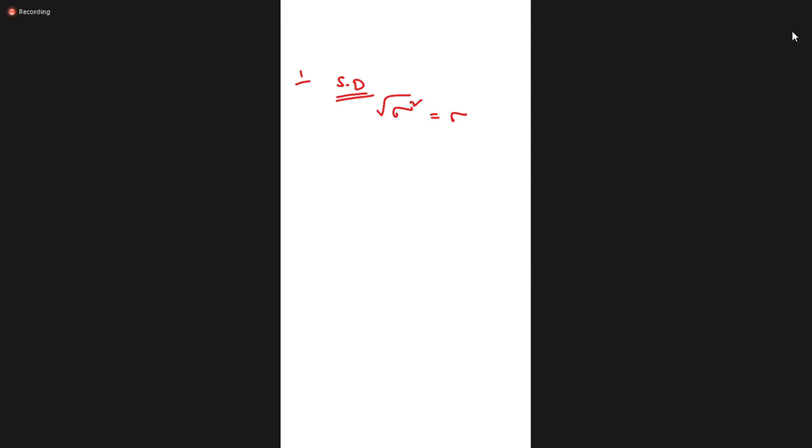Next, one more point they give, that is an important question also. There is no effect of change of origin on standard deviation. Next, one more point is coefficient of standard deviation: sigma by x bar.